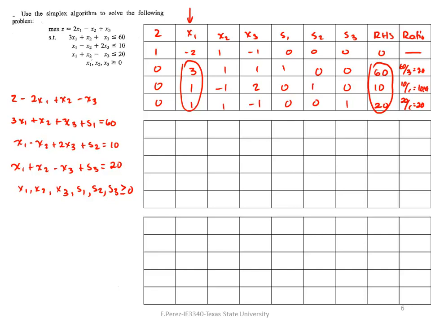Okay, so we perform those row operations for this pivot, and we find z, x1, x2, x3, s1, s2, s3, right hand side, ratio. We have 1, 0, minus 1, 3, 0, 2, 0, 20.